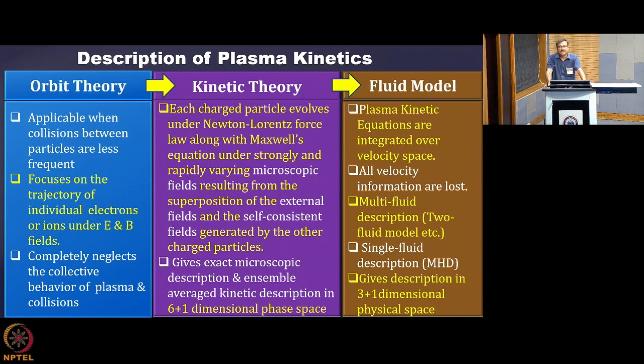So what we'll do is integrate over the velocity space. Suppose we have a glass of water, and there are so many molecules inside it, of the order of say 10 to the power 27 molecules per meter cube, and we may not be interested in which molecule is moving at what speed inside the glass.